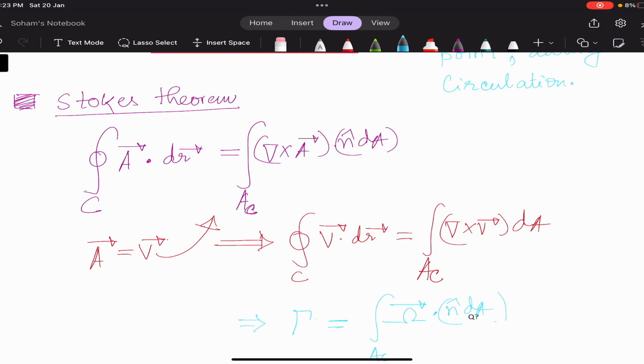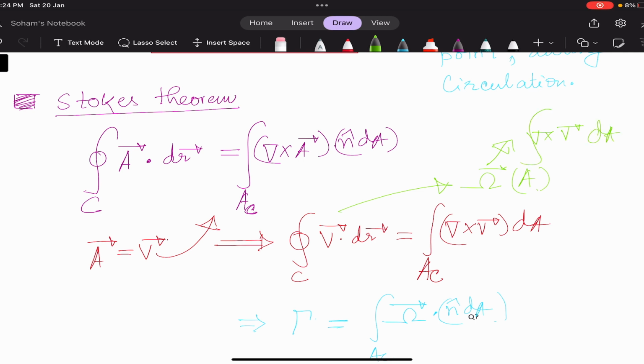You just remember that vorticity is equal to circulation by area. Circulation means V dot dr, the cyclic integral. If I match the dimensions, this is equal to vorticity into area, and this is curl of V into area.